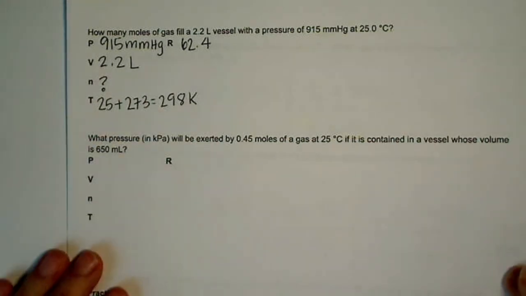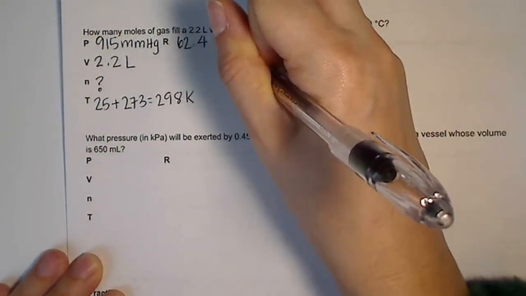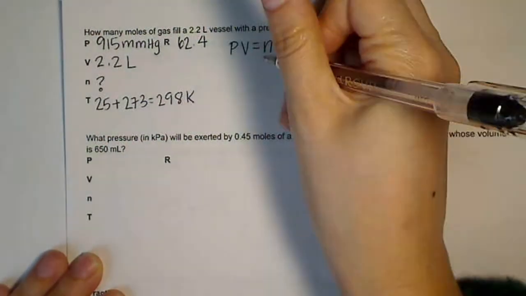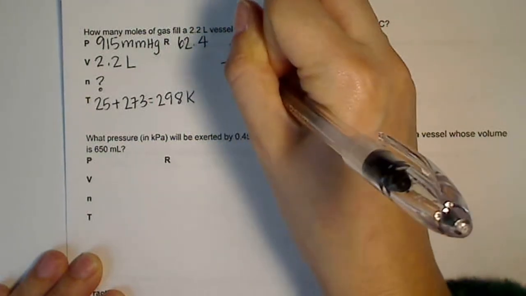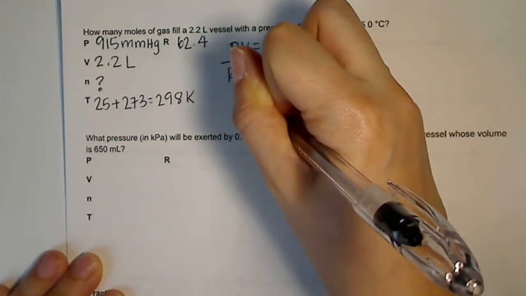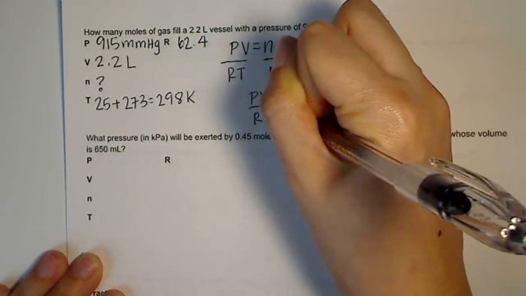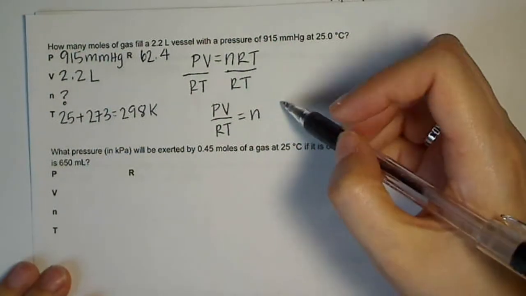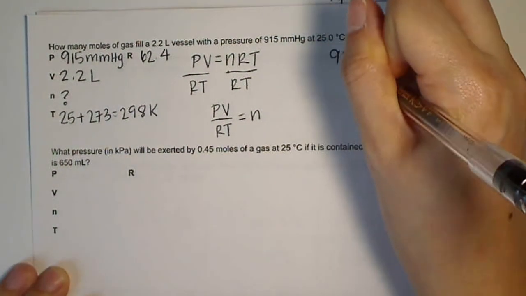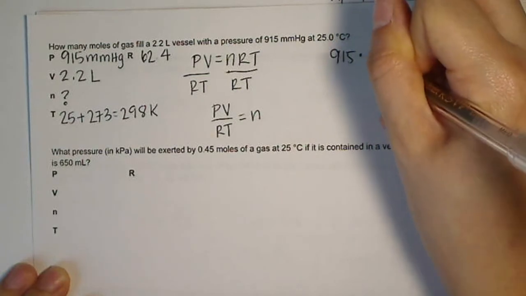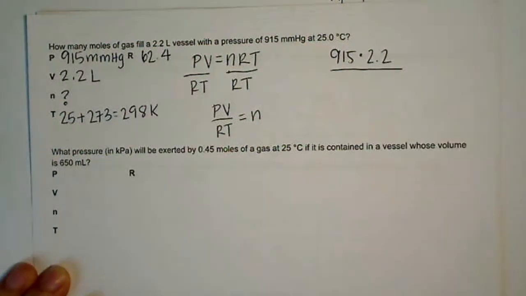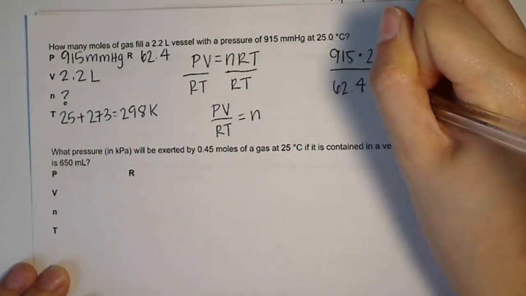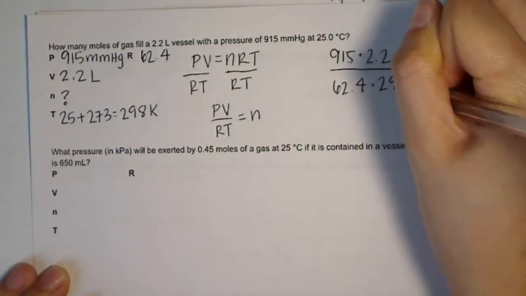So I'm solving for N. If I have the formula as PV equals nRT, if I want to get N by itself, I just have to divide RT on each side. Essentially, PV over RT equals N. So that's exactly what I'm going to do. I know my pressure is 915, my volume is 2.2, my gas constant is 62.4, and my temperature is 298 Kelvin.